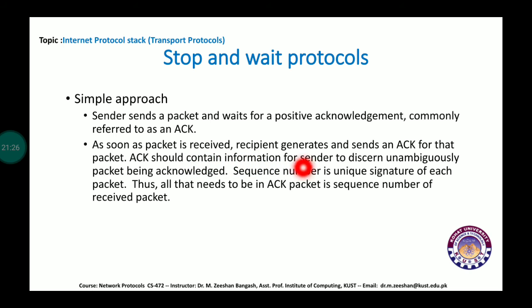The acknowledgement contains information for the sender to discern unambiguously which packet is being acknowledged. Now, the sequence number is a unique signature added to each packet, so that if the packets are received out of order at the destination, they can be numbered, and accordingly when all the packets are received, they are given in order to the destination.